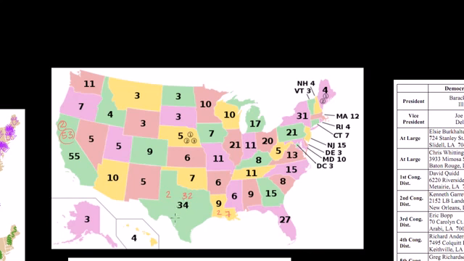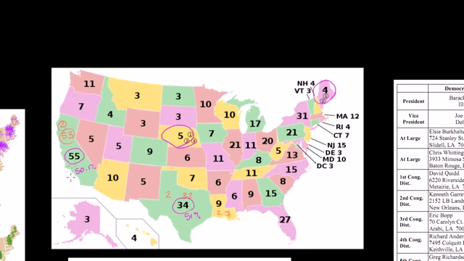But what's interesting here is it's a winner-take-all system in every state except for Nebraska and Maine. In every other state, if I get 51% of the vote in Texas, I get all 34 electoral votes in the Electoral College. Even if I get 50.1%, just a slight majority of the votes in California, I will get all of the votes for California in the Electoral College.